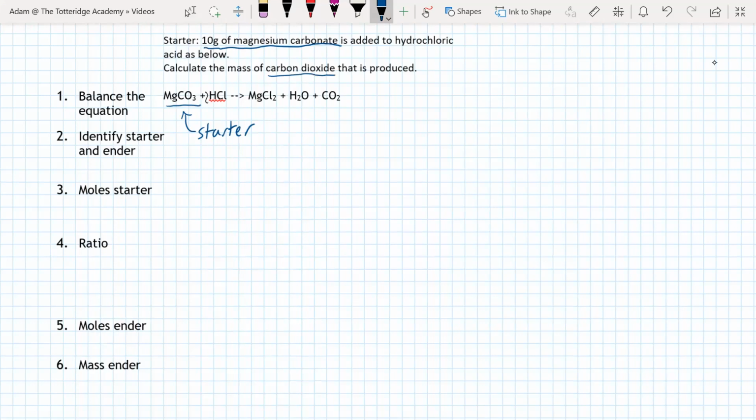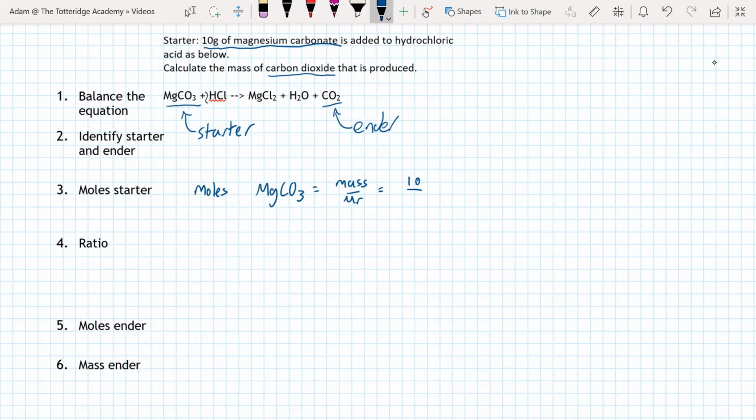So I know that this is my ender. I know that I'm starting with 10 grams of this and I'm trying to figure out how much of that I get. Moles of starter: moles of MgCO3 equals mass over Mr, which is 10 divided by the Mr of magnesium carbonate.